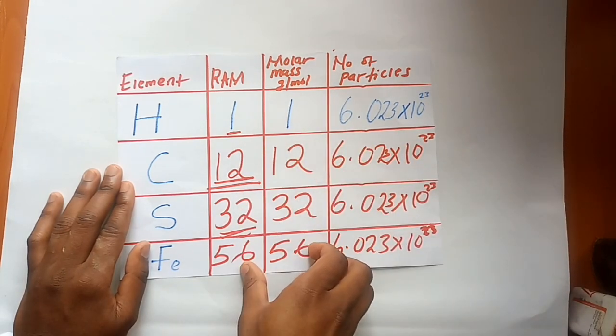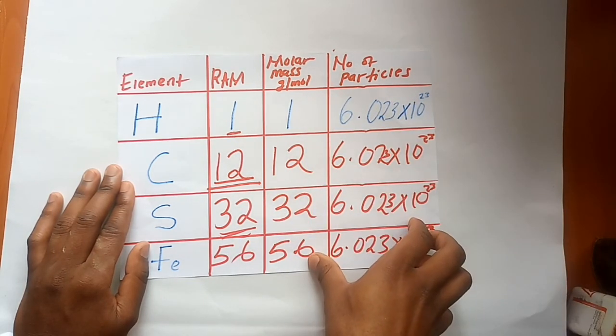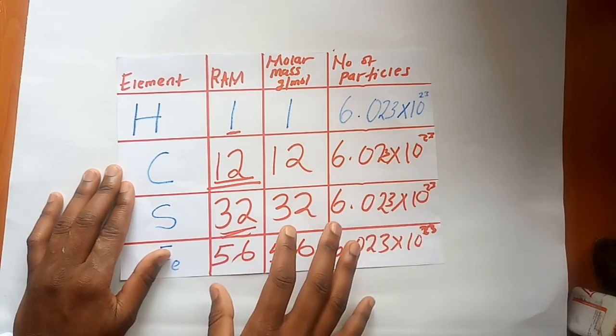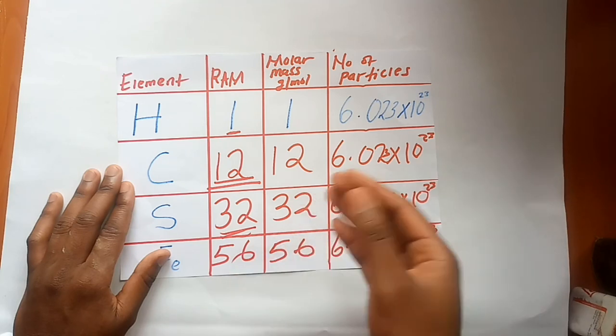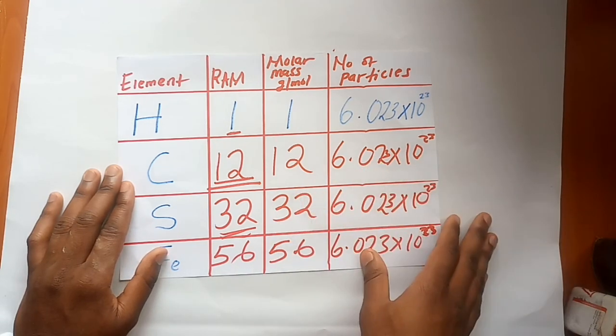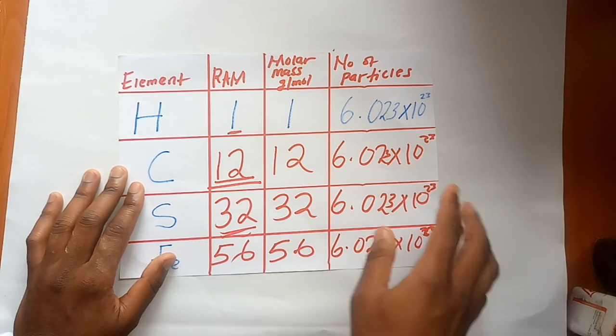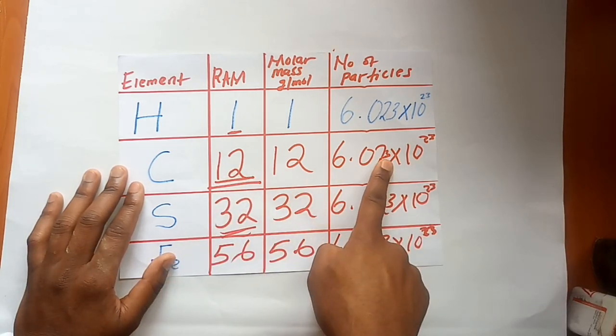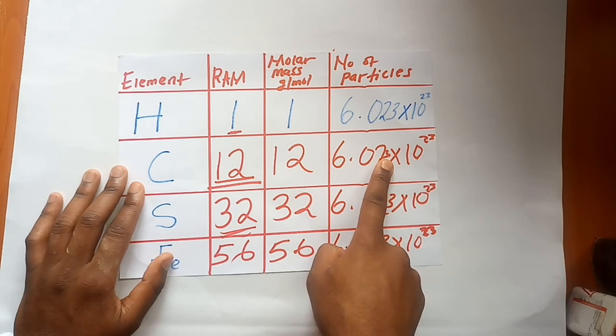The mass would be different, but the number of particles will be the same. With this information, you can easily calculate the number of particles in any other given mass, or the mass in any other given number of particles. In the exam, you'll always be given the RAM and you'll always be given the Avogadro's constant. So up to that point, it is as easy as you have seen.